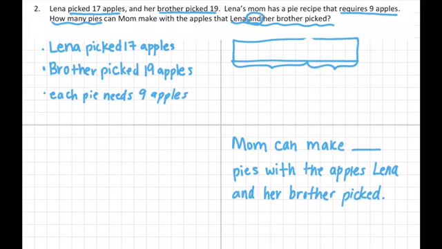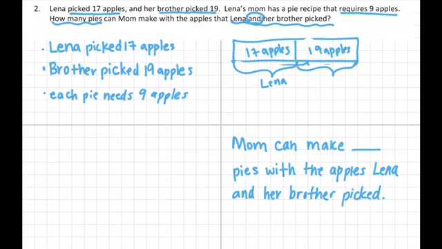But that's okay. Mistakes happen. Right about here is Lena because she should be a little smaller. This is why we always use pencils in math. So this is 17 apples and Lena. And this is 19 apples and her brother.